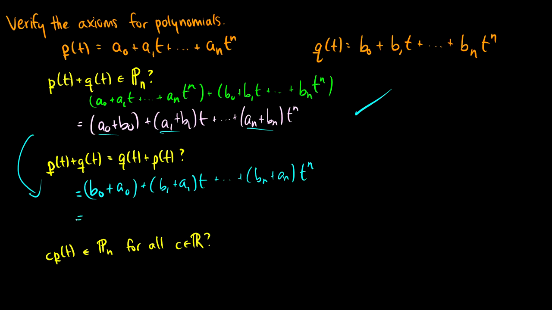So we can expand, and then we would end up with b0 plus b1t plus all the way up to bn t to the n. And then we could add our a0 plus a1t all the way up to an t to the n. So the second axiom is good too.